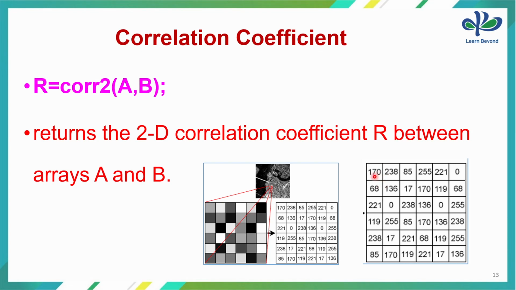So here if you take the correlation between 170 and 238, some correlation is available. This is called maybe a horizontal correlation, and the correlation between 170 and 136 may be called a diagonal correlation, and the correlation between 170 and 68 is called vertical correlation. So typically in an original image the correlation between adjacent pixels will be high, but in the encrypted image this correlation between the adjacent pixels will be very low.